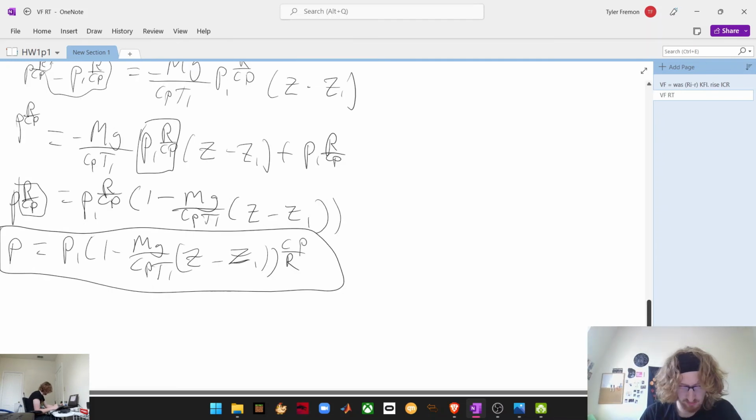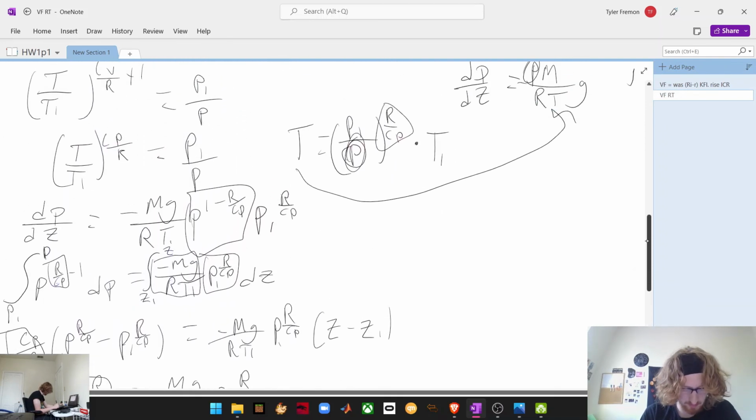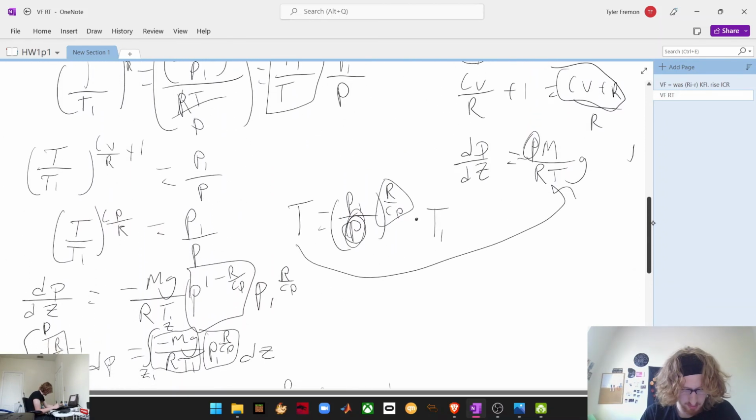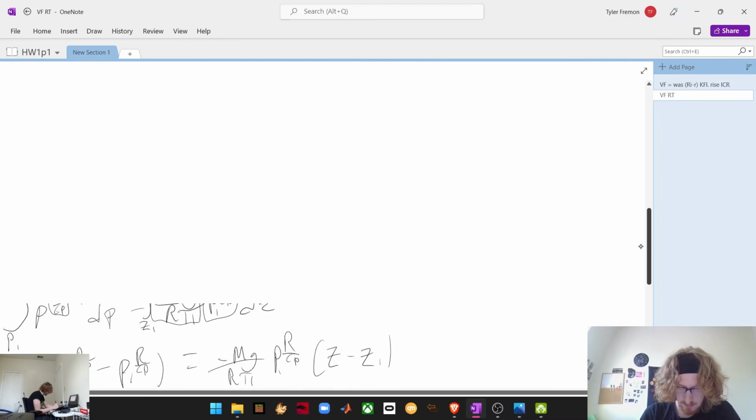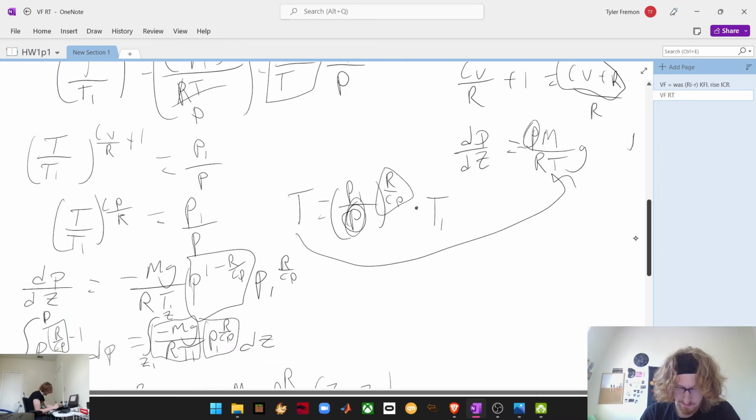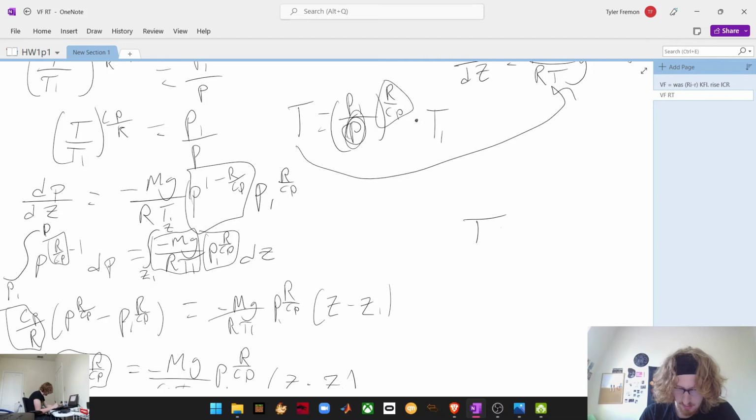And then to solve for temperature, we just have to use our equation from up above. Where is it? Right here, T is equal to P1 over P to the R over Cp times T1.